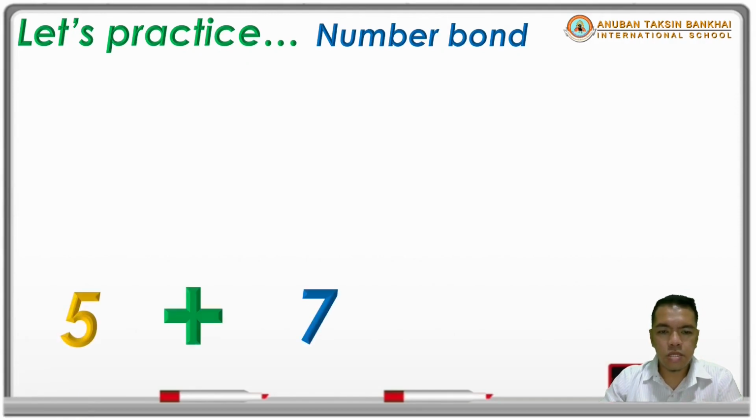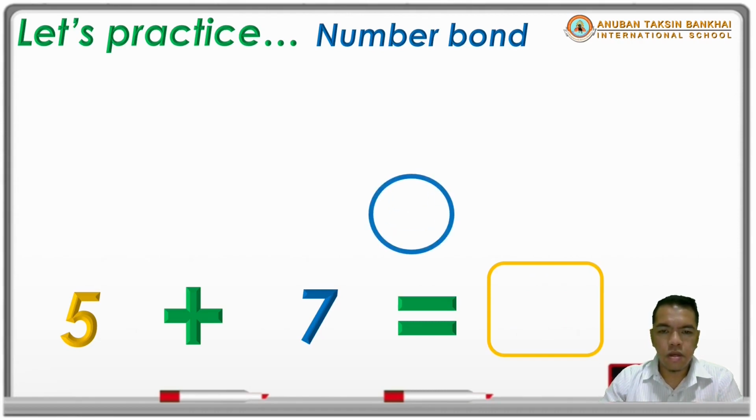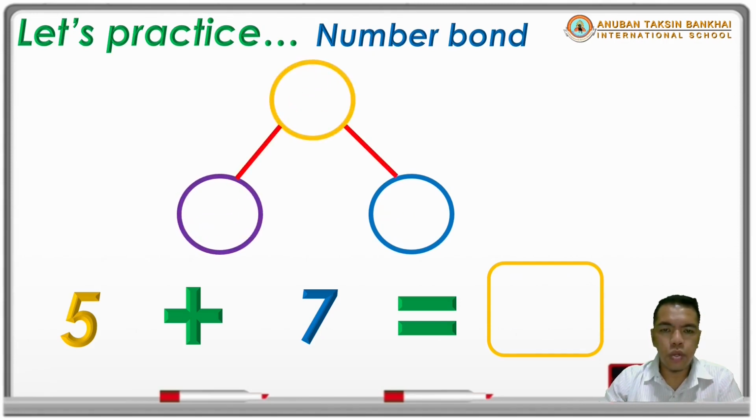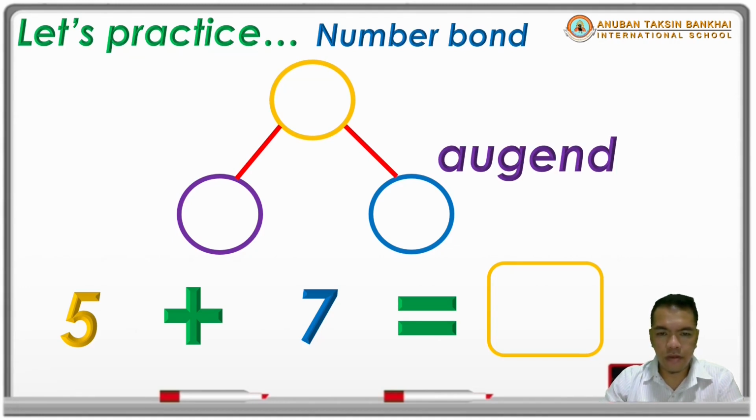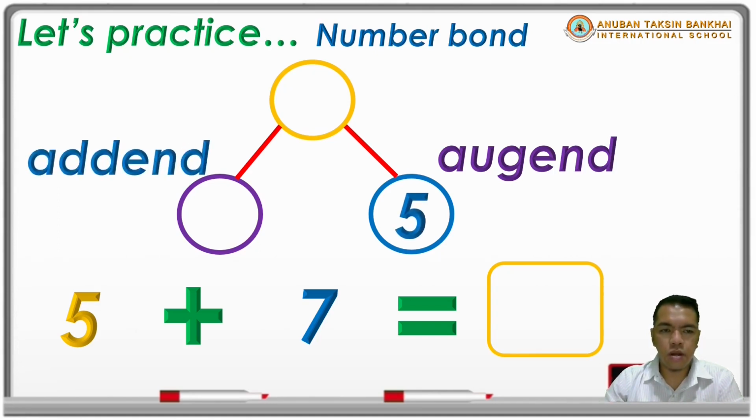5 plus 7 is equal to blank. Let's use number bond. We have here 2 parts and a whole with 2 lines. Let's find first our addend. What's our addend? Is it 5 or 7? Great. Our addend is 5. Then let's write our addend.